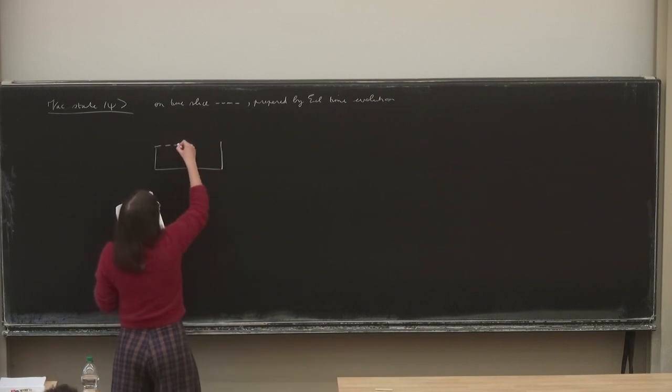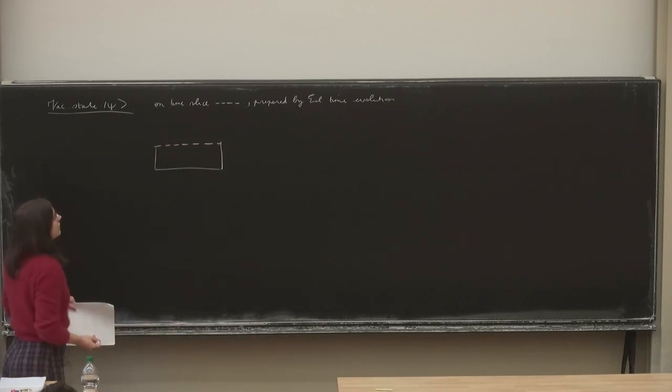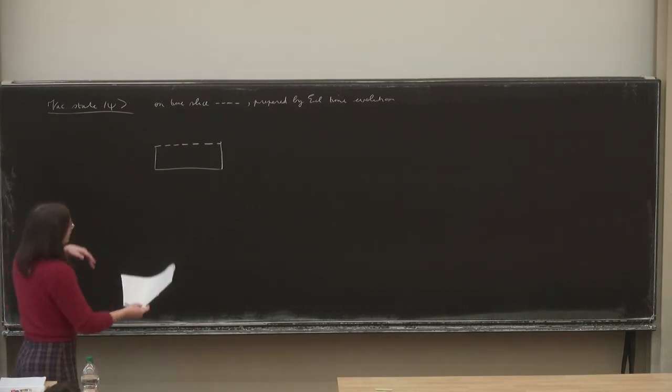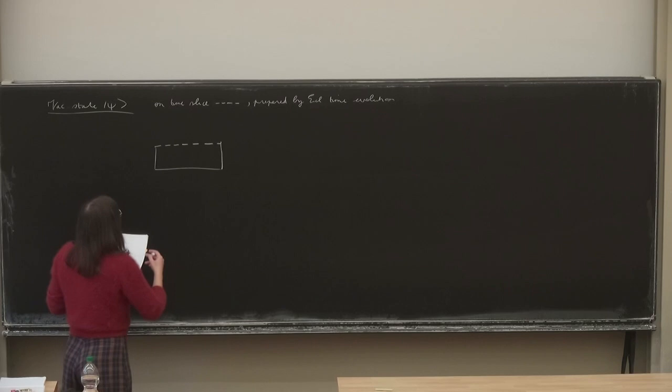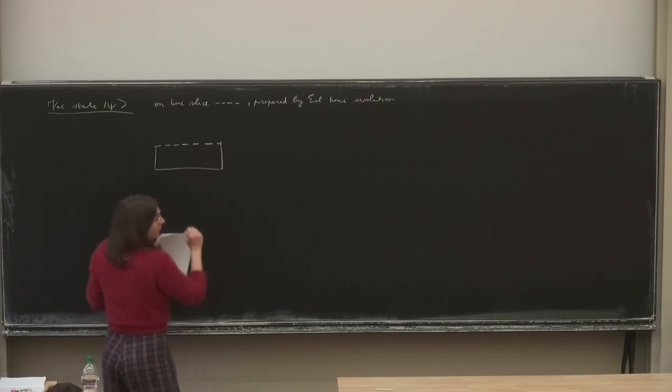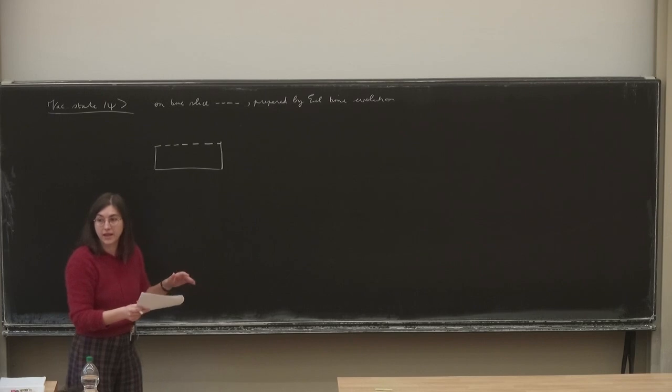So as we've been doing before, we write our state in this pictorial way as prepared by Euclidean time evolution. So I'm going back to my 2D CFT bipartitioned in an interval A and the rest.